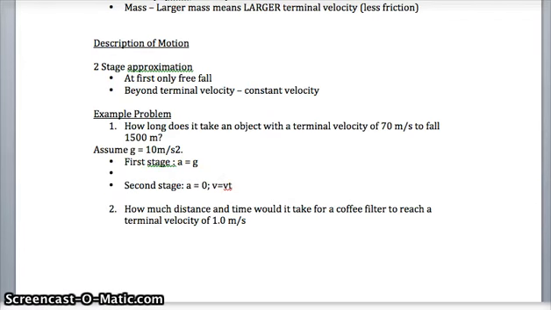So the first question you need to answer when you're given a problem like this is to ask yourself, if its terminal velocity is 70 meters per second and it's falling 1,500 meters, how far would it need to fall before it reaches terminal velocity?